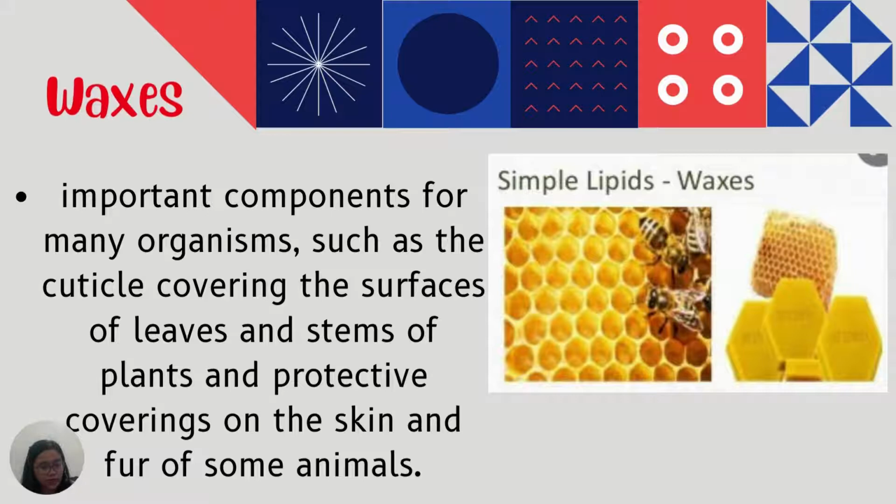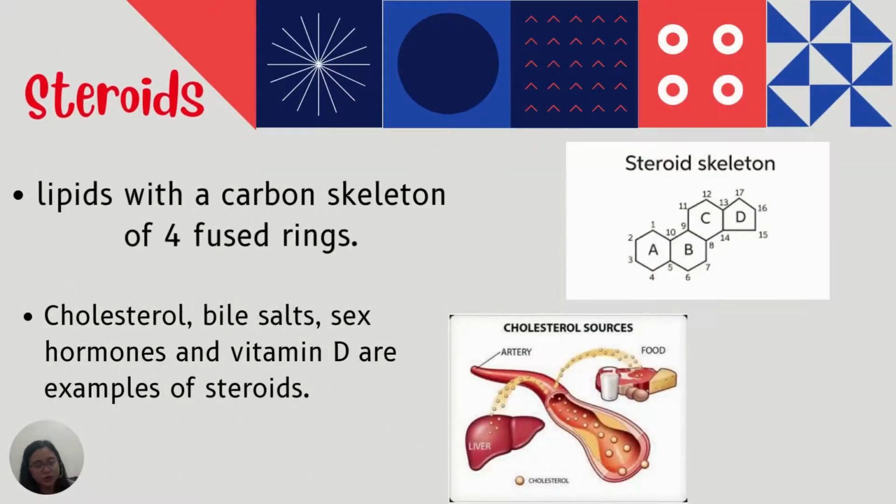Makikita nyo yan, yung mga waxes as a protective covering for plants. Okay, next we have steroids. Steroids are lipids with a carbon skeleton of 4 fused rings. Cholesterol, bile salts, sex hormones, and vitamin D are examples of steroids.